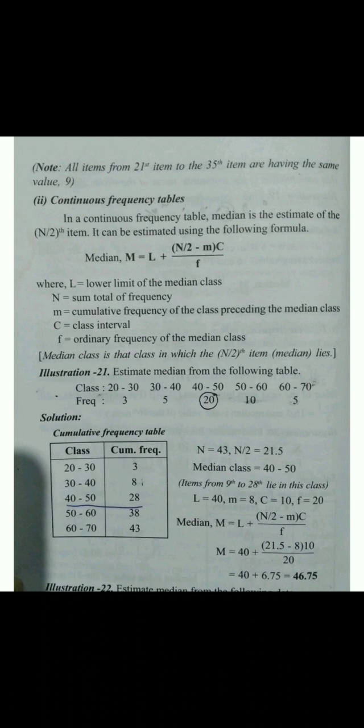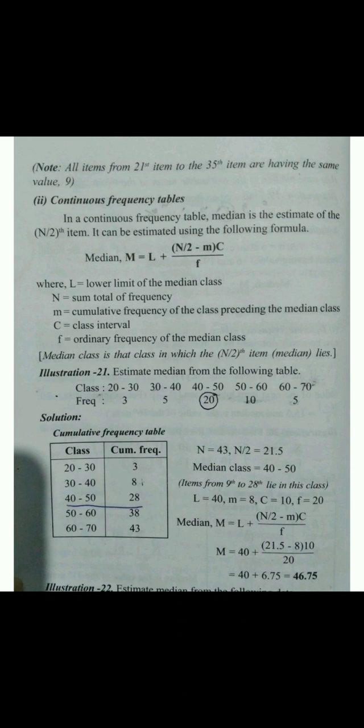So here is an illustration of the continuous frequency table. Here the classes are 20-30, 30-40, 40-50, 50-60 and 60-70. This shows continuous class intervals and the corresponding frequencies. We find the cumulative frequencies and get the sum total of frequency, that is 43. So n is equal to 43, that's why n by 2 is equal to 21.5.